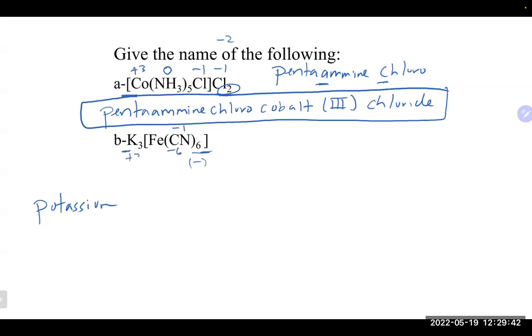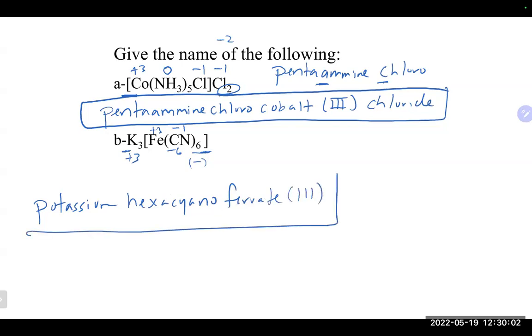There's +3 on the outside from our potassium, and again, giving us our lucky number 3 there. This is going to be a hexacyano, right? And a ferrate in this case, because it's a negative complex ion, and a Roman numeral 3 at the end of it there. Any questions on that name there?